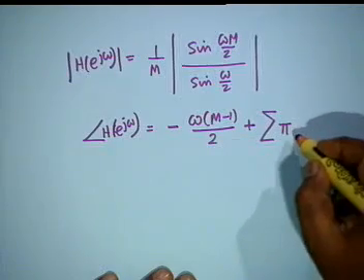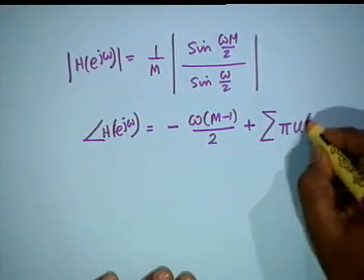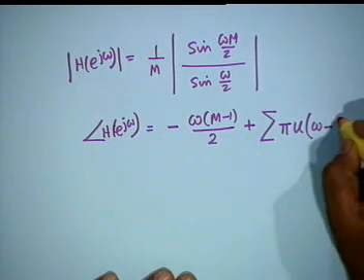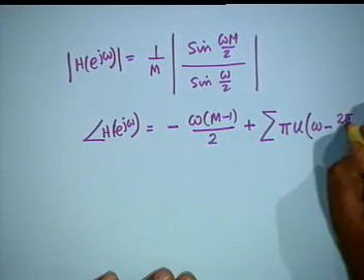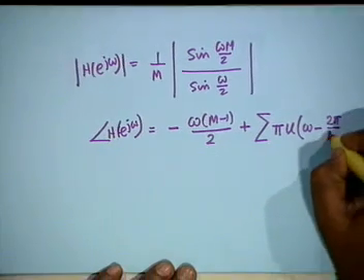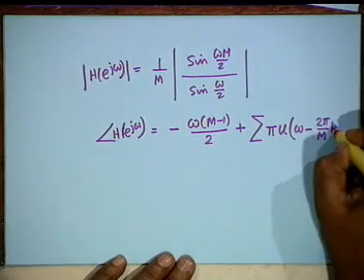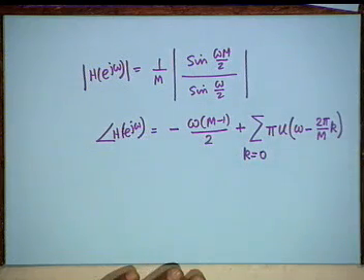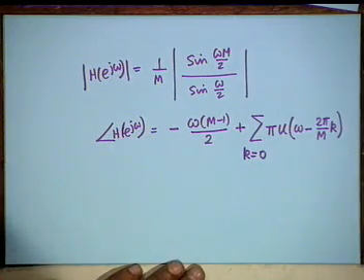So a step function of magnitude pi occurs at omega minus 2 pi by M multiplied by k, where k goes from 0 to, how many such transitions shall occur?